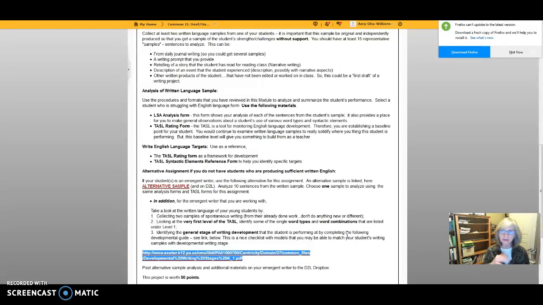The second scenario is I know that I have asked you to use writing, but what about the young child who is not writing sentences in English, so it's challenging. You just don't have the sample because they're not there developmentally.